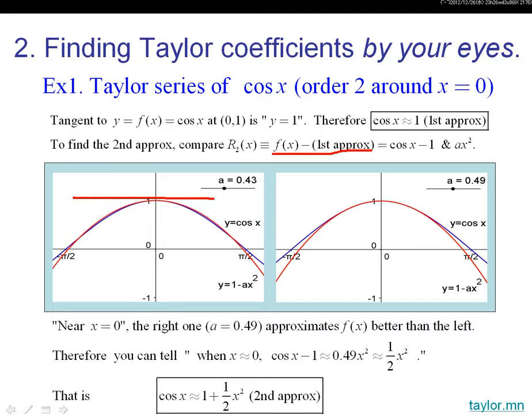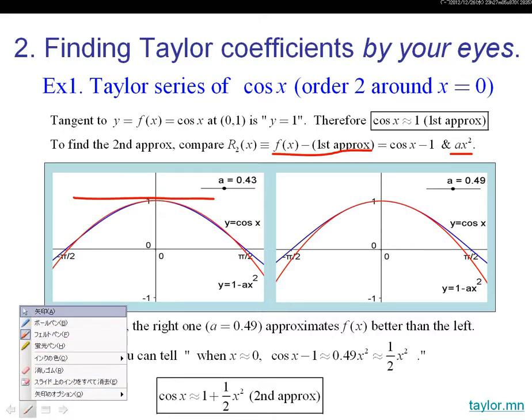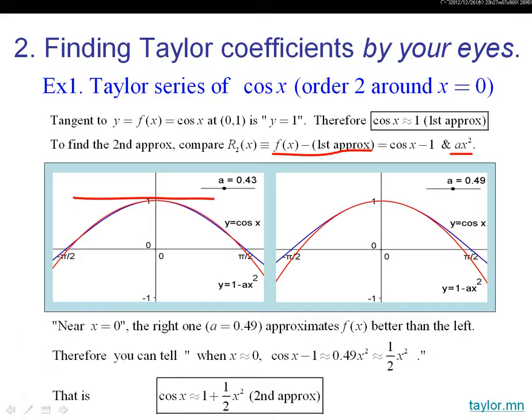After subtracting this first approximation, we can compare r2(x) with ax squared. r2(x) means the residue of the second grade. So let's check this with MuPAD.